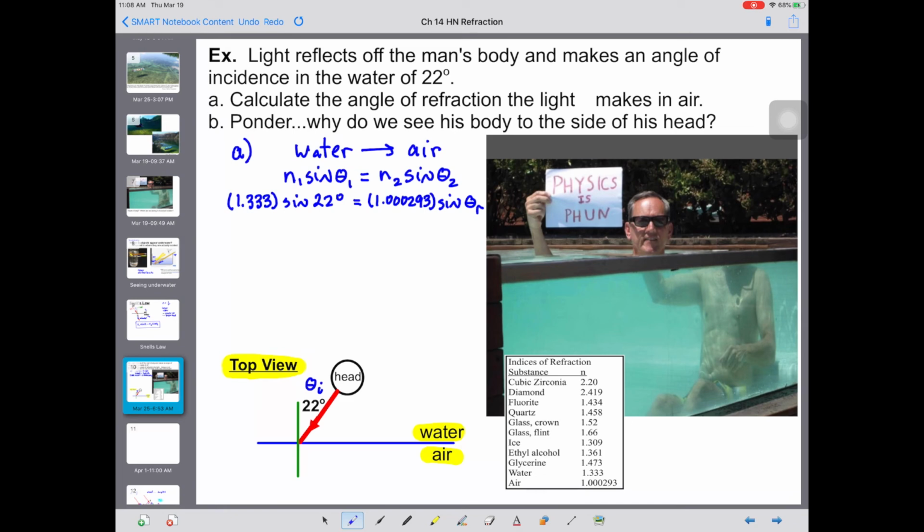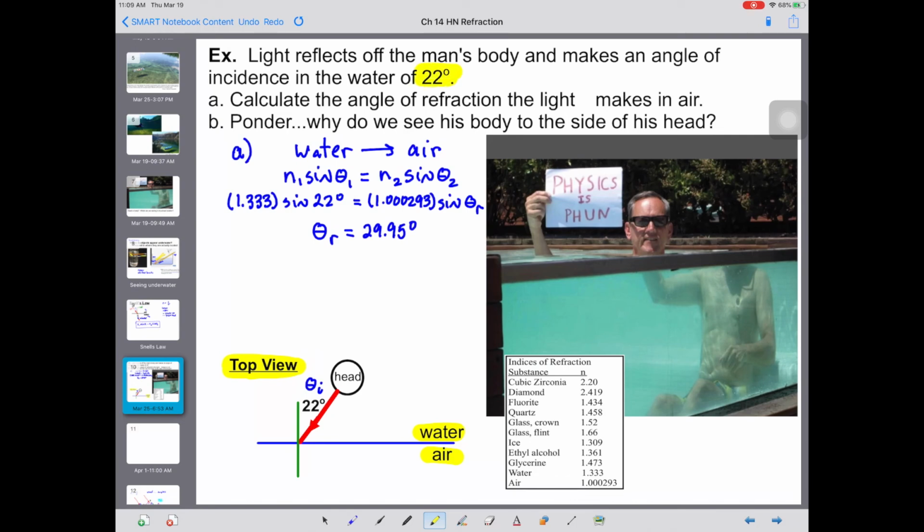Now, mathematically solving for this, you're going to take 1.333 multiplied by the sine of 22, and then divide that by 1.000293, and then take the inverse sine. So when you solve mathematically, we're going to get a value of 29.95 degrees.